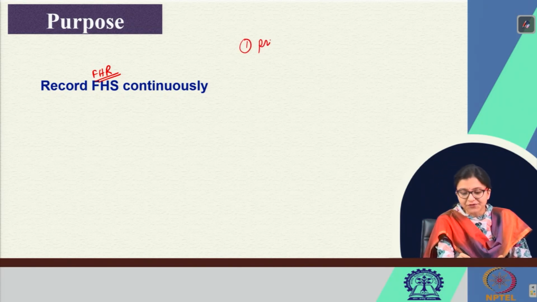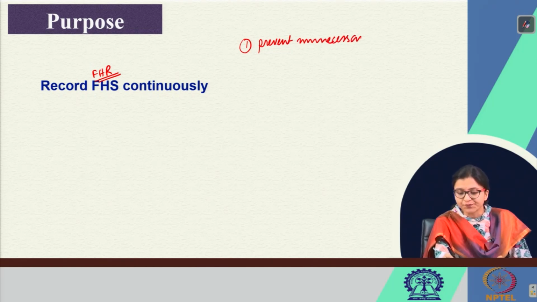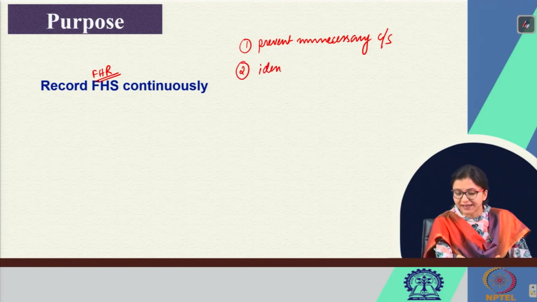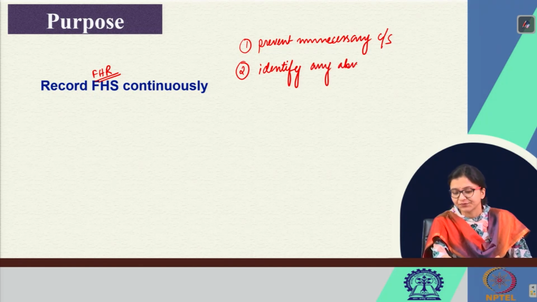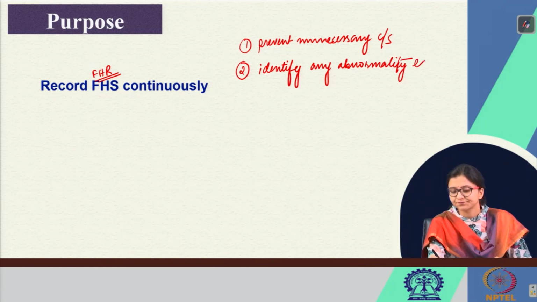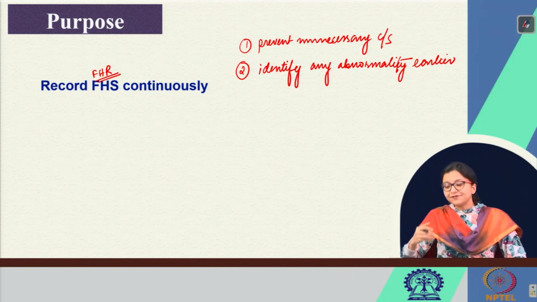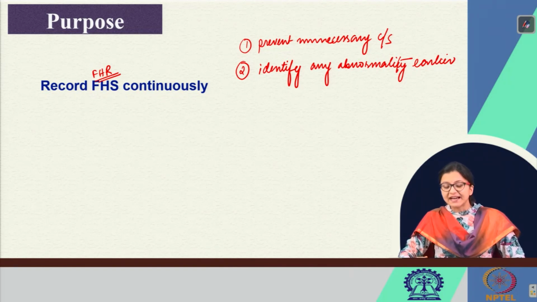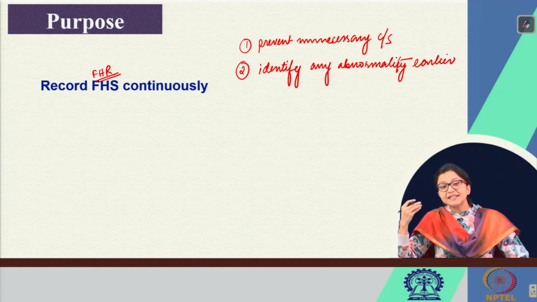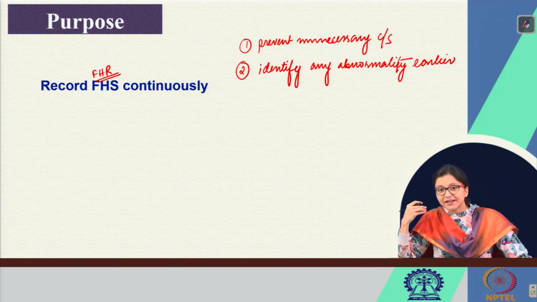Number 1, it prevents unnecessary cesarean section, and number 2, it helps to identify any abnormality earlier. We identify any abnormality earlier, and so we can proceed in that direction, or we can intervene timely.